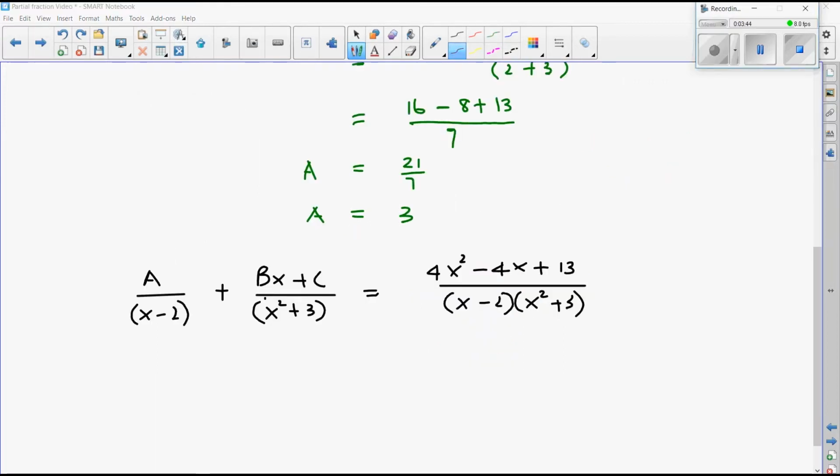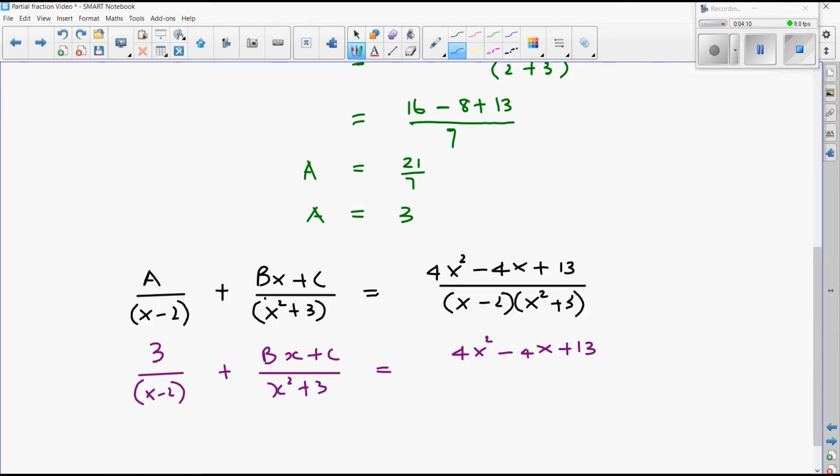Substituting a equals 3 into my fraction, I have 3 over x minus 2 plus bx plus c over x squared plus 3 equals the given fraction, which is 4x squared minus 4x plus 13 over x minus 2 times x squared plus 3.